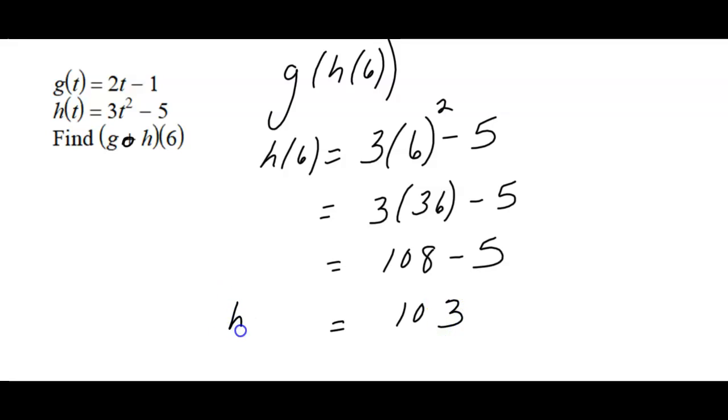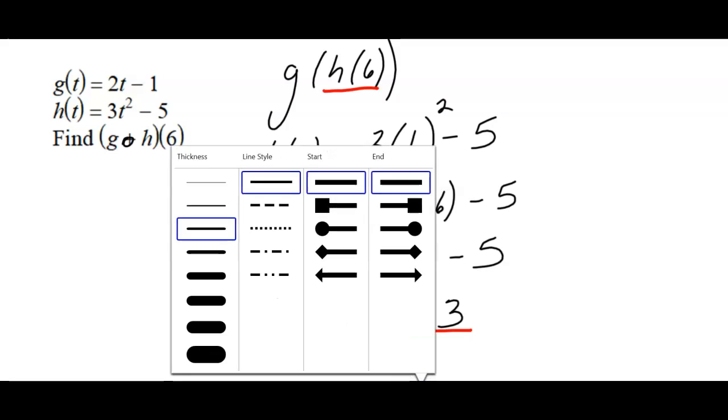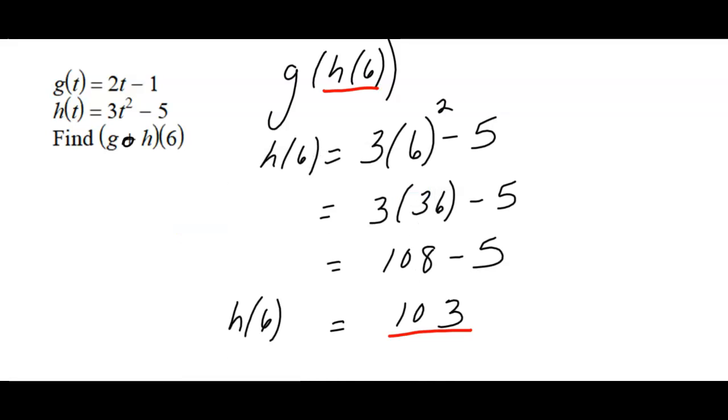So h of 6 equals 103. Okay, so this value, 103, is going to replace the h of 6. So now you go to your g function, and instead of g of h of 6, we're going to find g of 103.